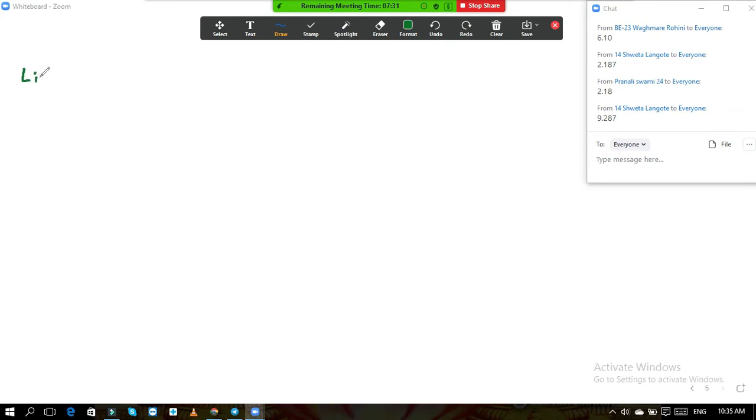Okay. Now we will consider the live load. Live load is equal to 3 kilonewton per meter square, so it is 3 into 1, which is equal to 3 kilonewton per meter. So total live load is same, 3 kilonewton per meter. Now we calculate the total load.